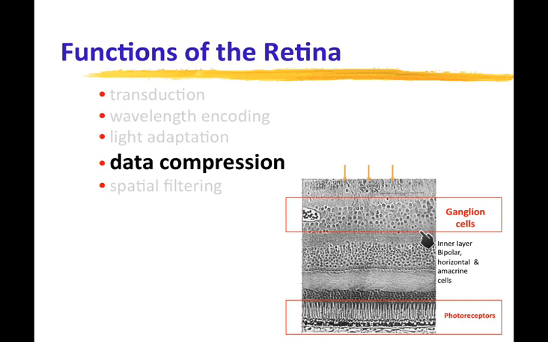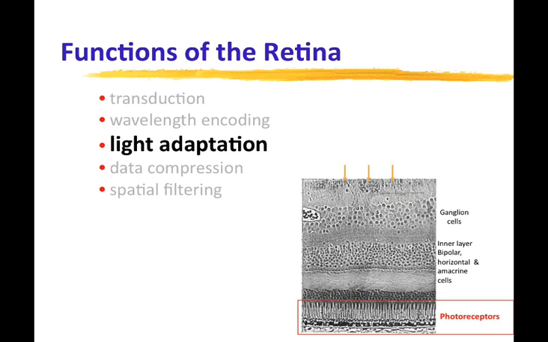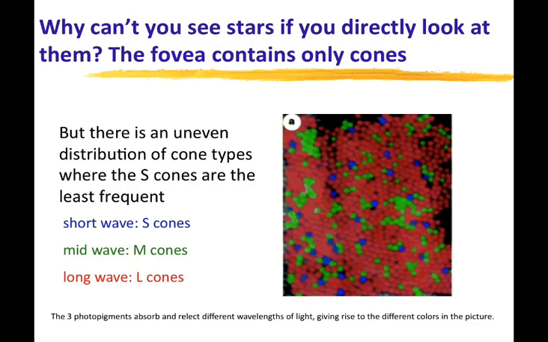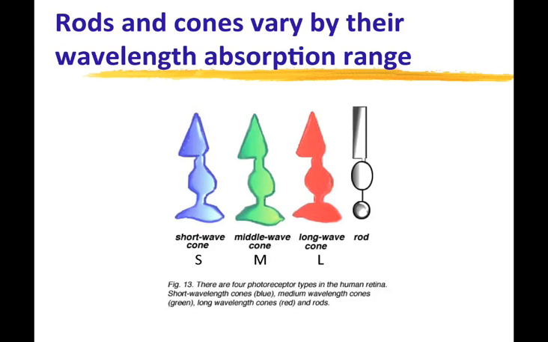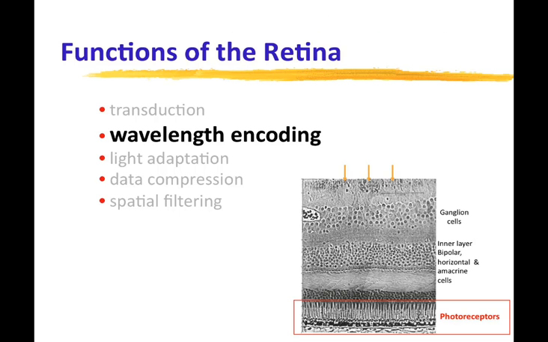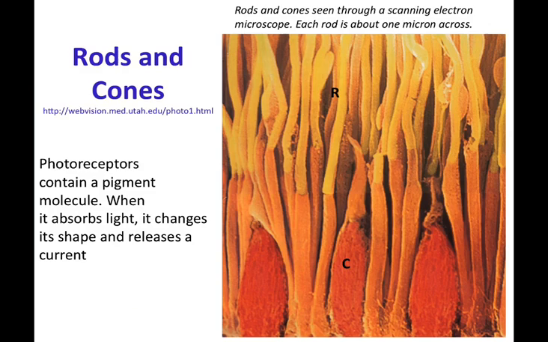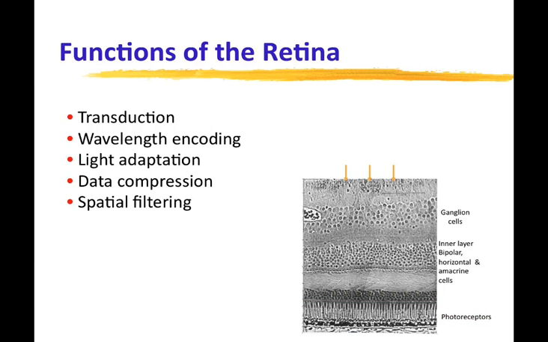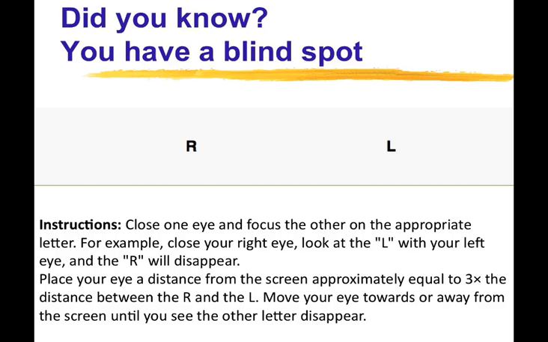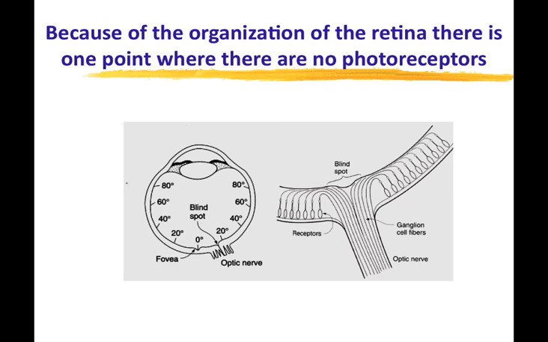The problem is that if you had 100 million ganglion cells, you'd need to send 100 million nerve fibers to your brain. Right? I showed you the picture of the optic nerve exiting the eye.